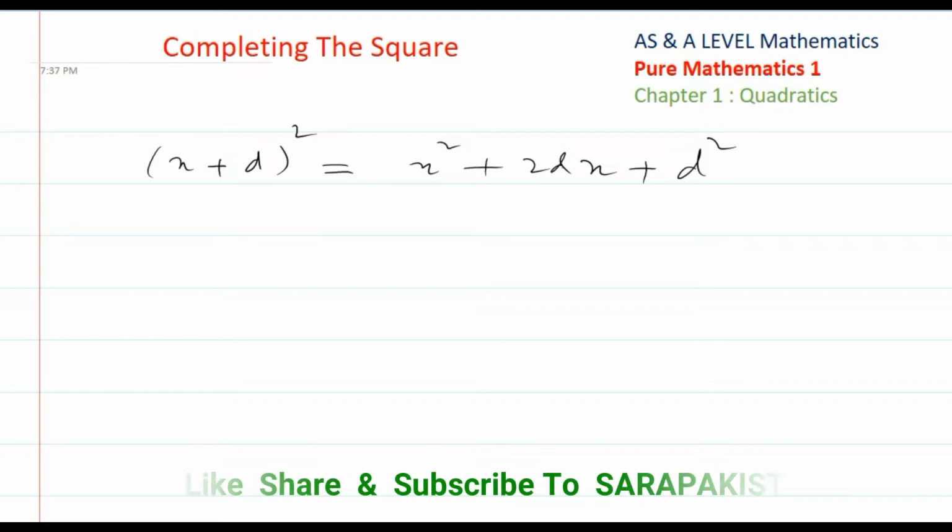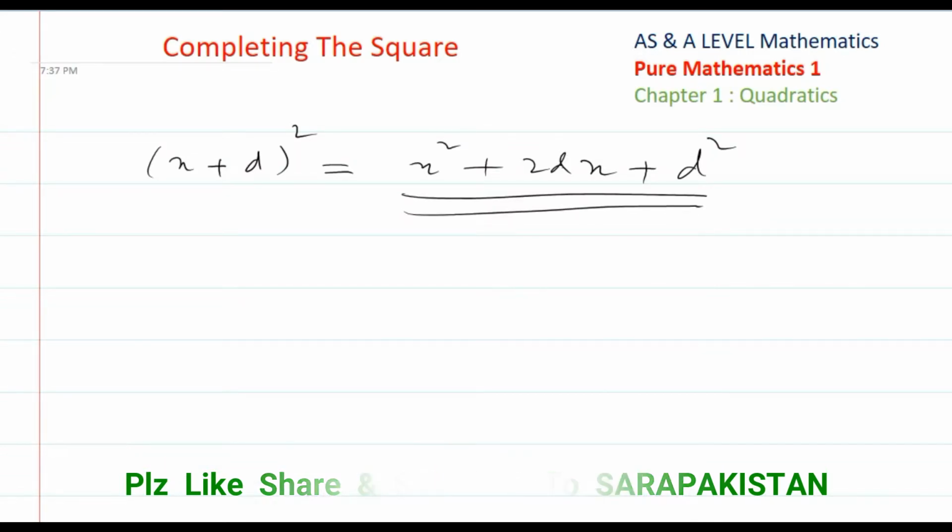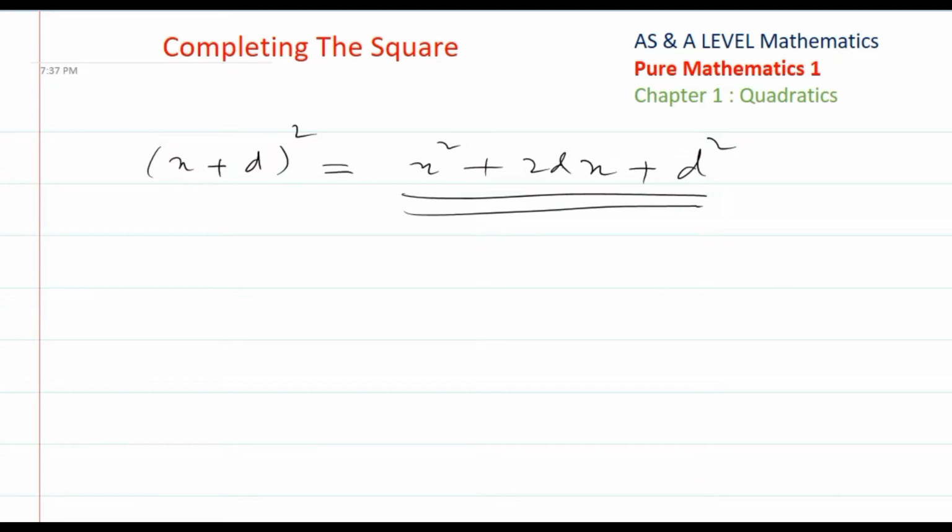This is a complete square, but if you take any part of this section, like x square only or d square only, or you take this section x square plus 2dx, it will be incomplete. So you can complete this square by adding something or subtracting something.